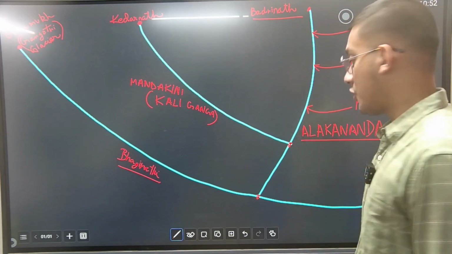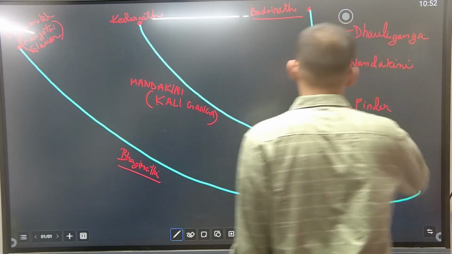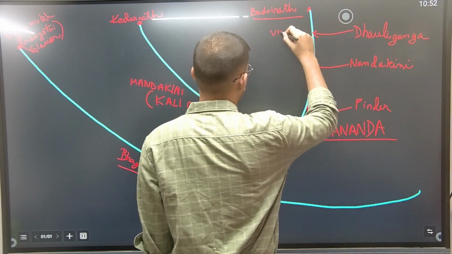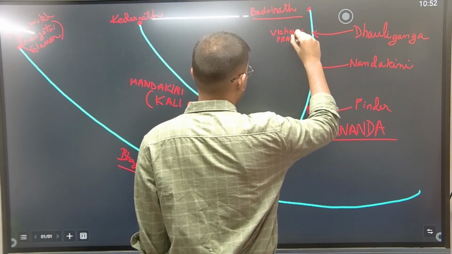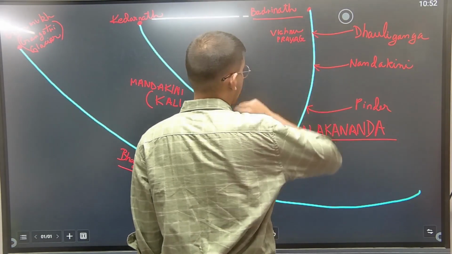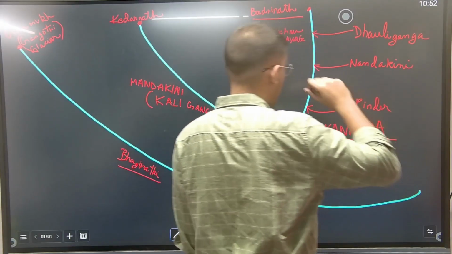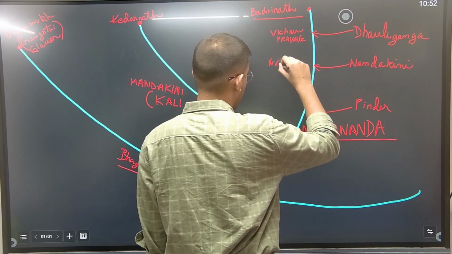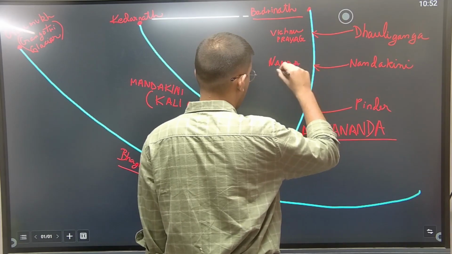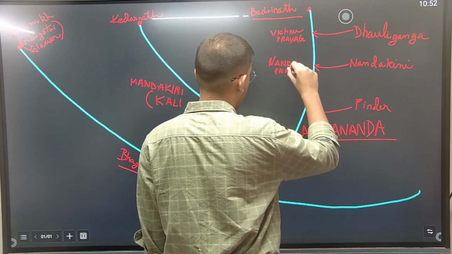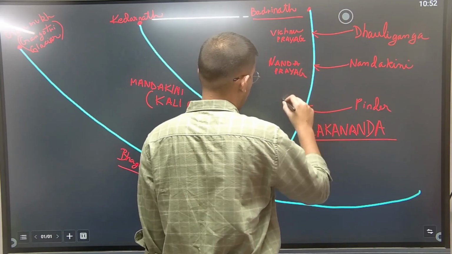Now, the convergence points are known as Vishnu Prayag, Nand Prayag, and Karn Prayag.